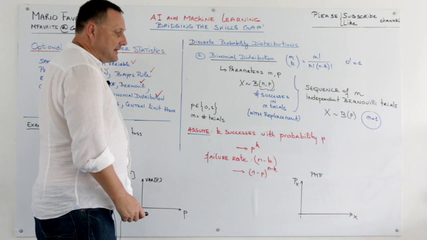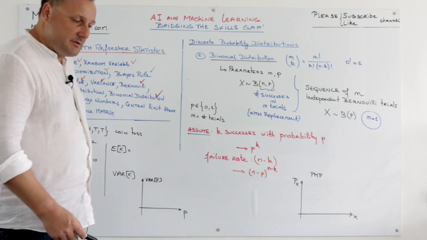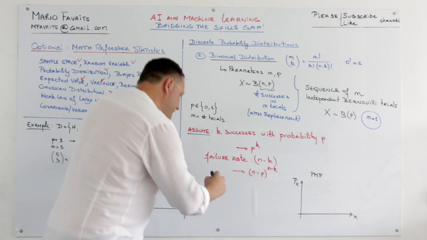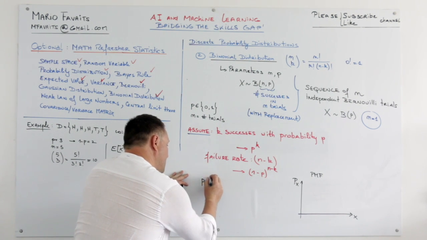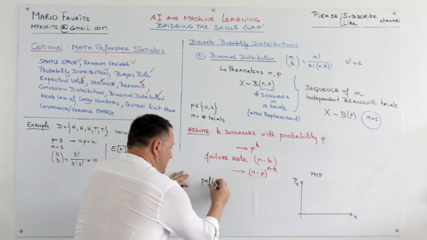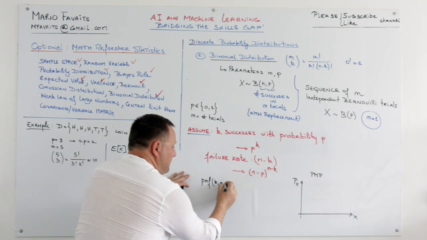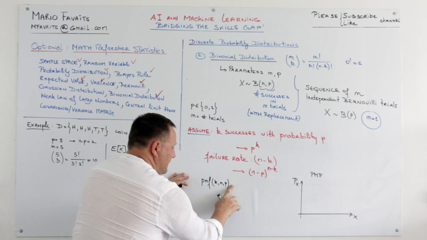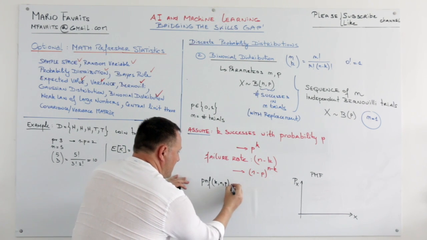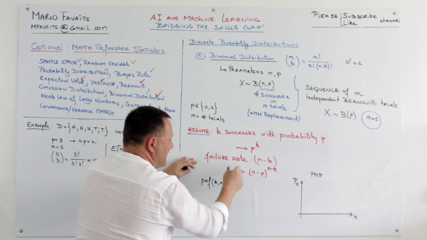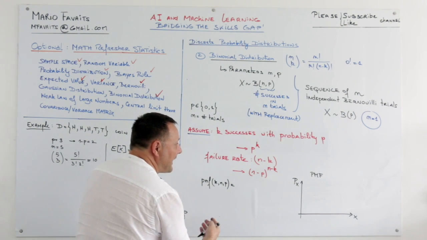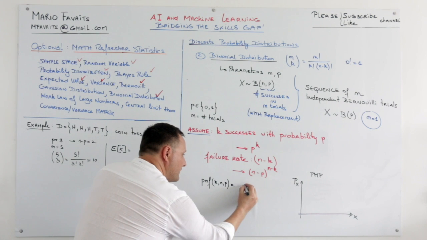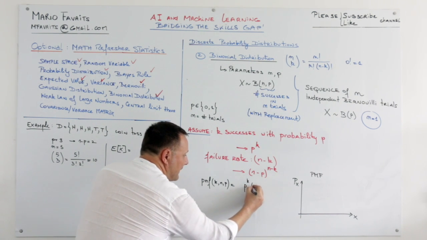Let's take a look at the probability mass function, the PMF, the function that we will find. So the PMF will depend on k, n, and p. The chance of success has probability p, but we have k successes, so that means p to the power of k.